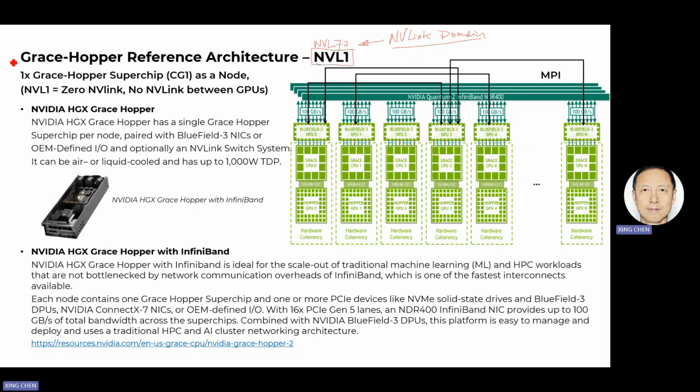Okay, so the Grace Hopper reference architecture for NVL1. One Grace Hopper superchip could be used as a node. If you use only one Grace Hopper superchip as a node, there is a code from Nvidia for this node.